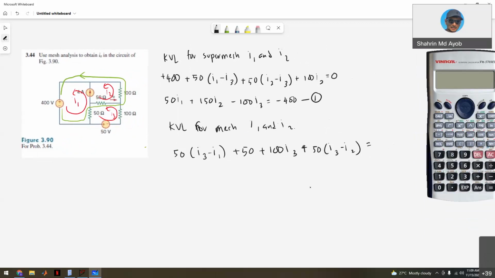This one becomes 0. So if I rearrange this, I will obtain negative 50 I1, negative 50 I2. Can we get I2 easily because we have a current source there?